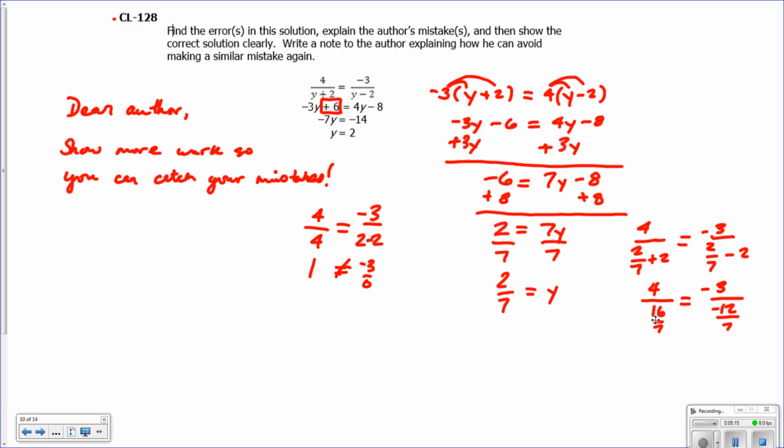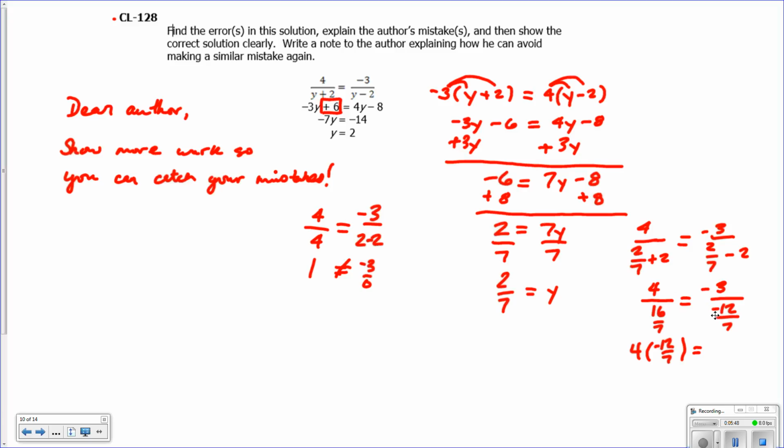That looks fantastic. So if we multiplied here, we could get rid of our fraction in our fraction, or we could just cross multiply across. Either one would work. Actually, that looks more appealing to me. Let's do this. 4 times negative 12/7. If this is truly a proportion, this numerator times this denominator should equal this numerator times this denominator.